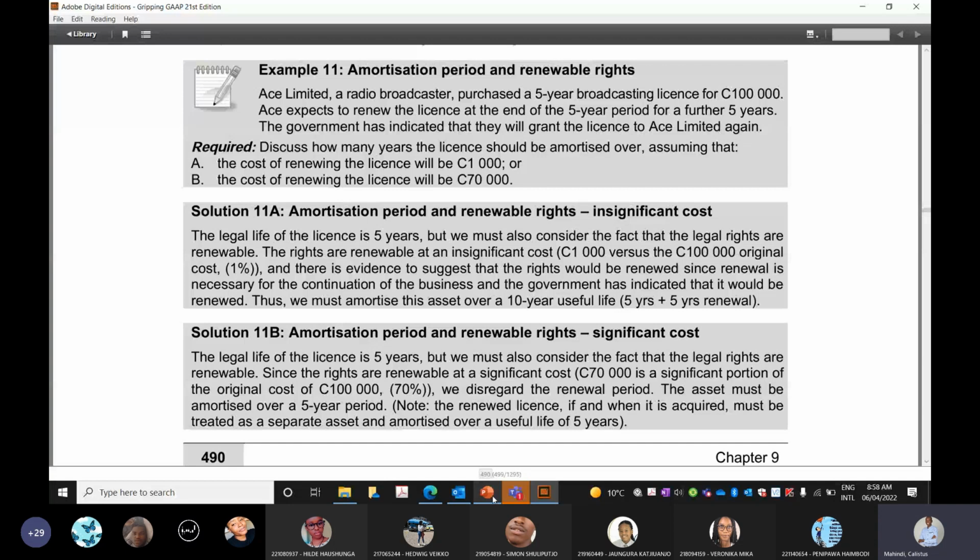So at the initial date, there's no present obligation because at the end of 5 years, you can decide not to renew it, right? So you don't have a present obligation. And then we go to the previous person that said maybe you will take a provision. Now, what's a provision?